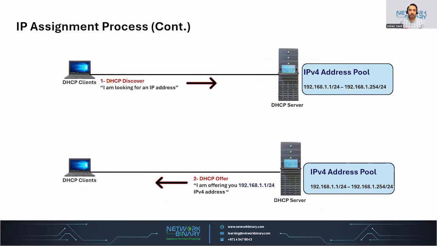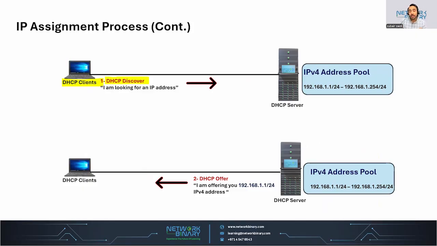Now, learners, let's see each and every step in detail. Just imagine you have a device, your PC, and you want to get an IP address. When you turn on your device, that device generates the DHCP discover message. It says, hey, I'm looking for an IP address.